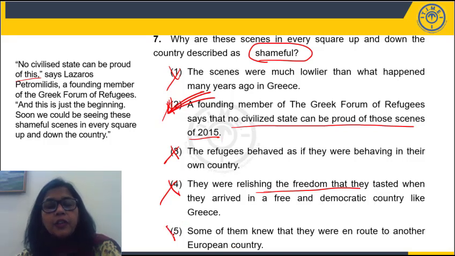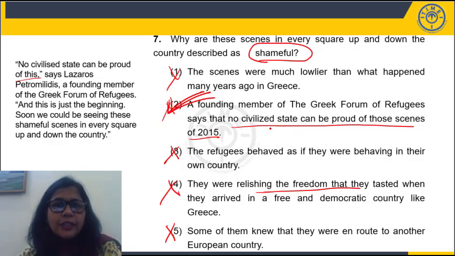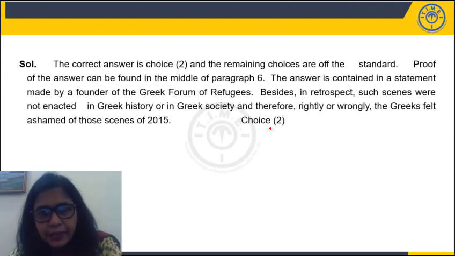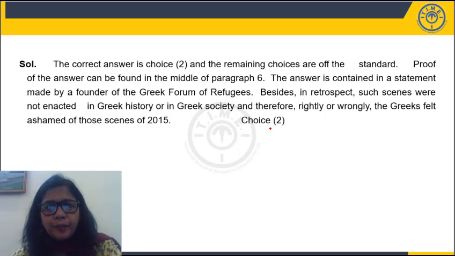Some of them knew that they were en route to another European country. Now, this is also a new idea altogether. The founding member says that no civilized state can be proud of those scenes of how the refugees were living. Right? Now, yes, you may go through the explanation here.